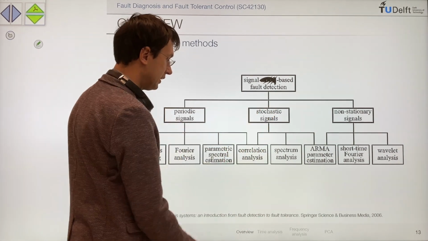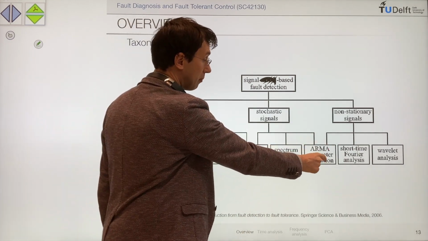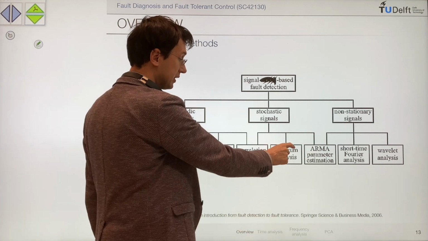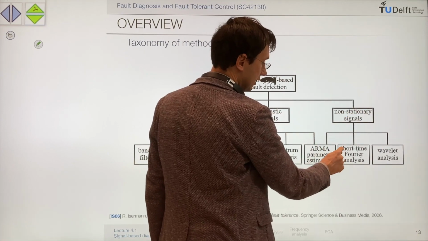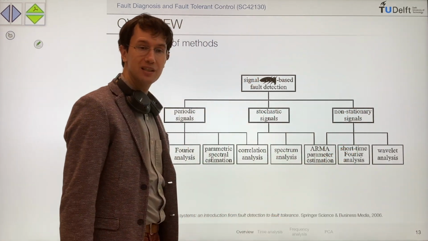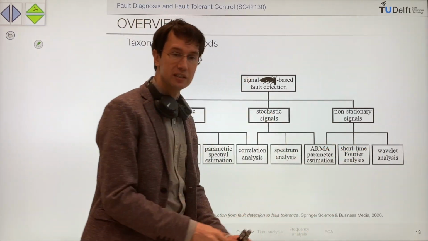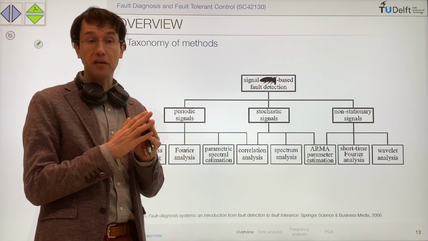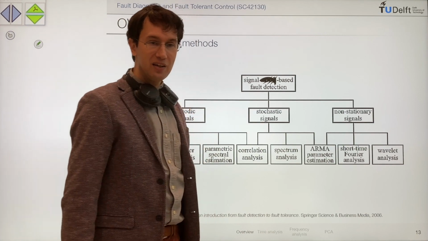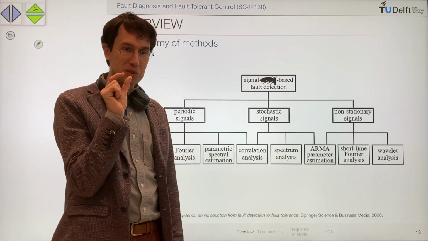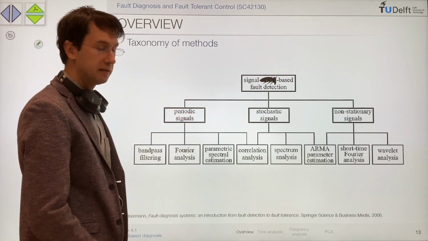When you come to stochastic signals, indeed correlation analysis is one approach, estimation of a model is another approach, analyzing the spectrum is another approach. And when you come to non-stationary signals, the short time Fourier analysis that we have shown in the musical example is an approach. So if you look at the musical signal, not locally, but if you look at the entire signal, well, then it is a non-stationary signal. Only if you're looking at a tiny portion of the signal that is a single musical note, then we have a periodic signal.